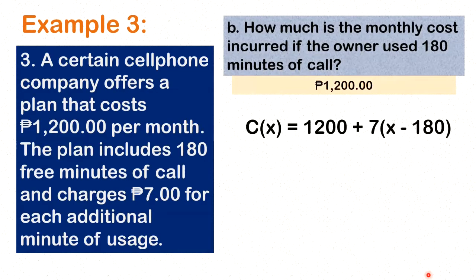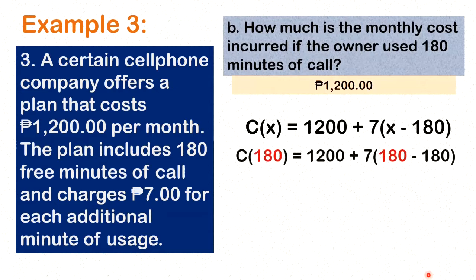Okay, all you have to do is to substitute X equals 180. Like this. Okay? So, nakita nyo to, 180 minus 180. So, that is 0. 0 times 7, it's 0. So, 1,200 plus 0, you will get 1,200 pesos.